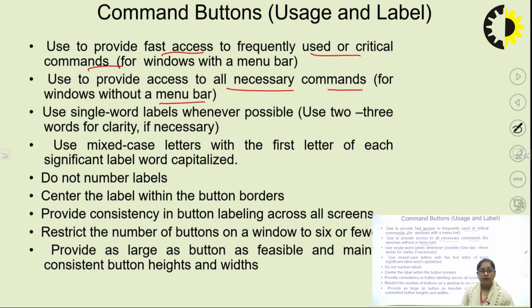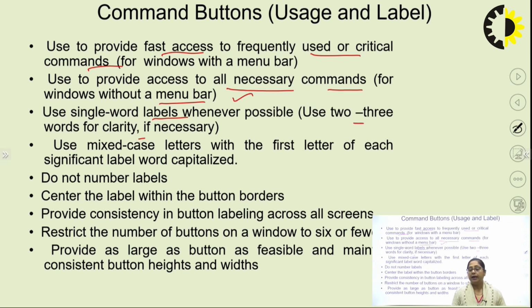Whenever you need fast access to any command, you can use direct access, the shortcut keys, for windows without a menu bar. You can use single-word labels whenever possible; if not possible, two or three words for clarity if necessary.